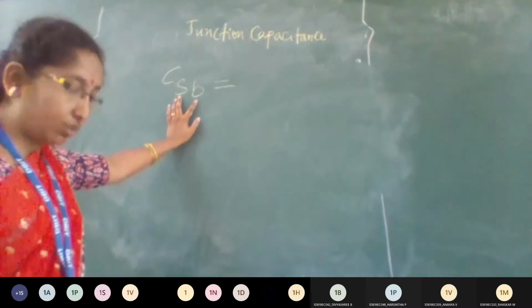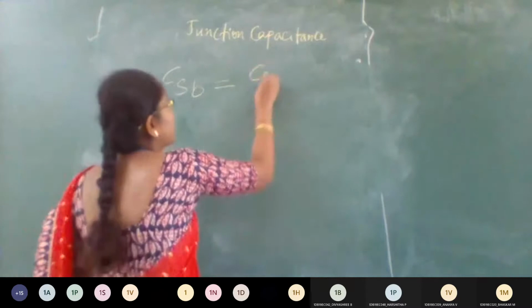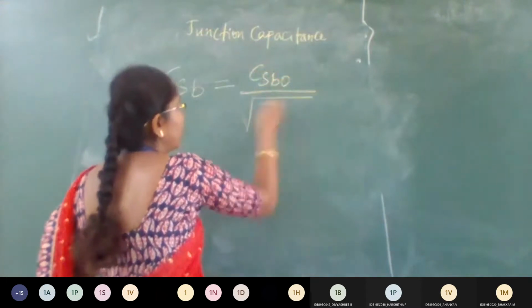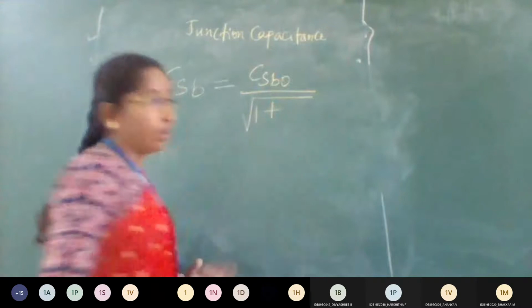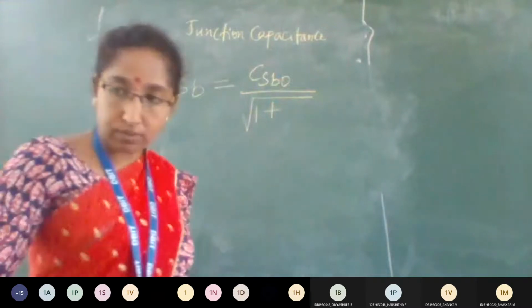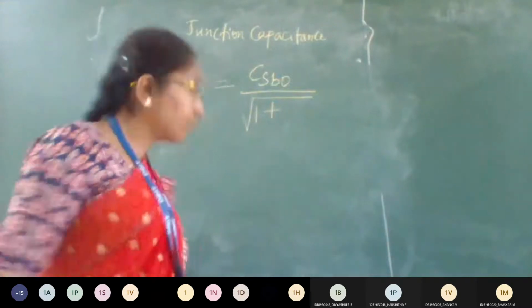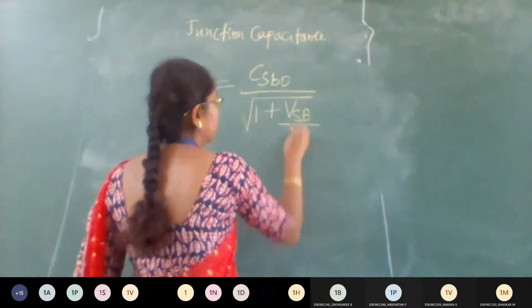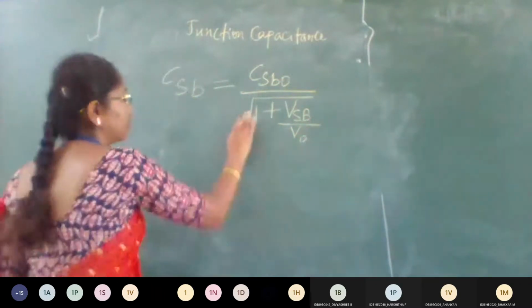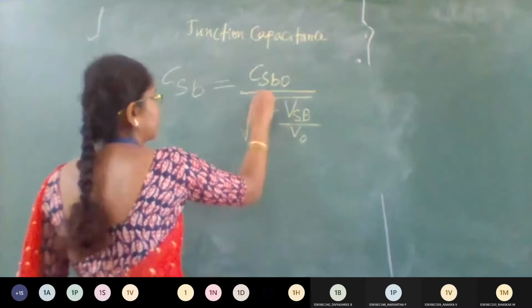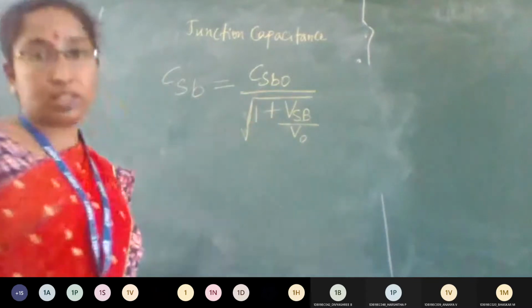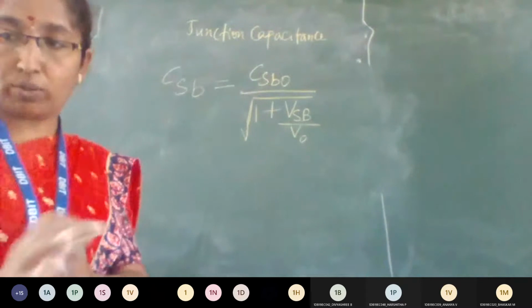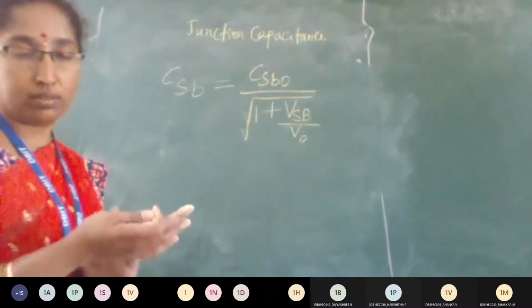So CSB is equal to CSBO by root of 1 plus VSB by V0. CSBO is the value of CSB at zero body source bias.